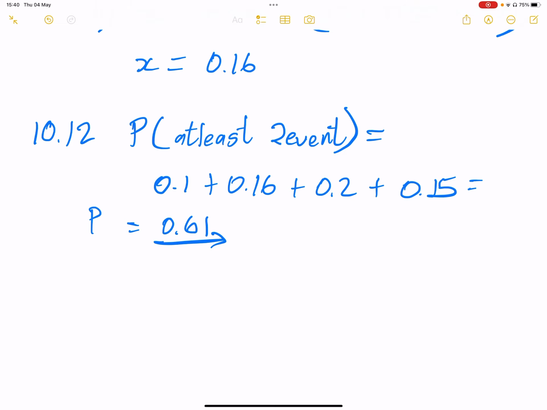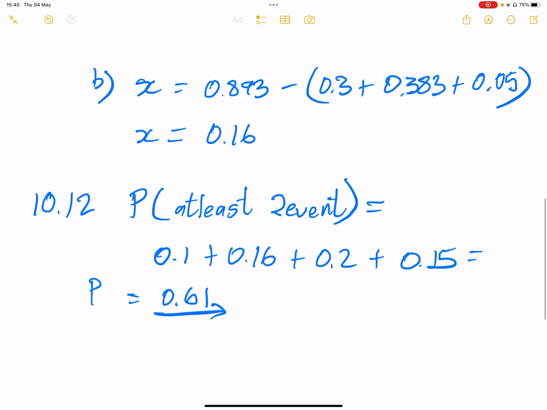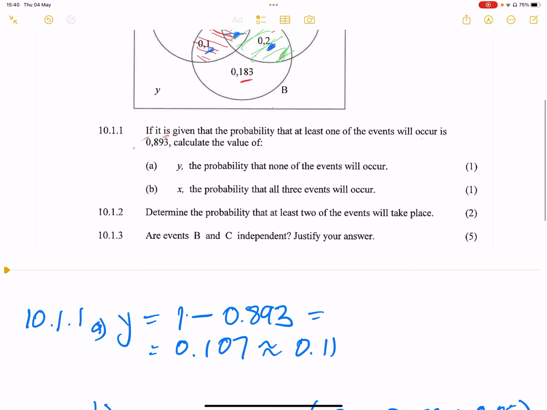Right, okay, so we get to the last portion of it. Now, they say, are events B and C independent? And they want us to justify our answer.